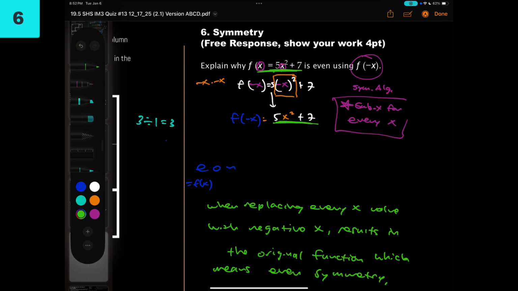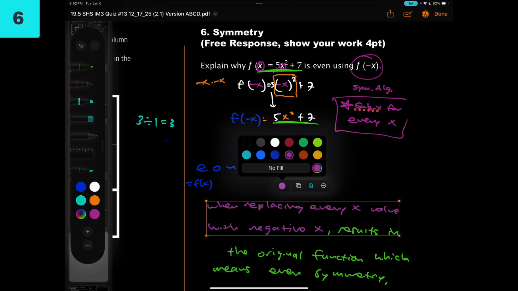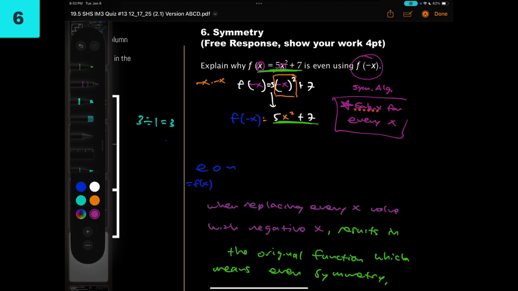Okay, so I want to make this even more clear. What we did right here, I want to change that to pink. Okay, so basically we are replacing every x value with negative x, and then we simplified it. It went back to the original, that's why it's even.